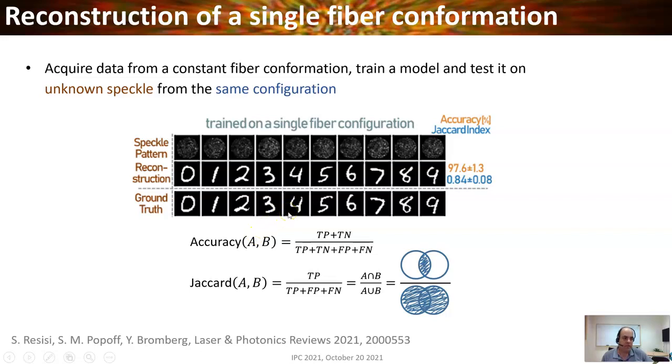To give a quantitative measure, we calculate the pixel-wise accuracy of the reconstruction, which here appears in orange, and is about 97 or even 98% out of 100%. We also calculate the Jaccard index, which is the intersection over union score of binary patterns, which here is about 0.84 out of 1, which is, of course, very high.